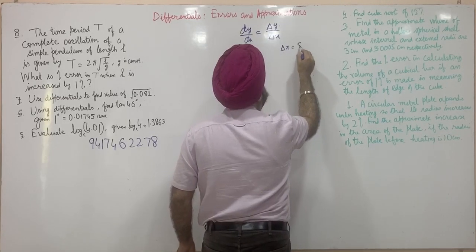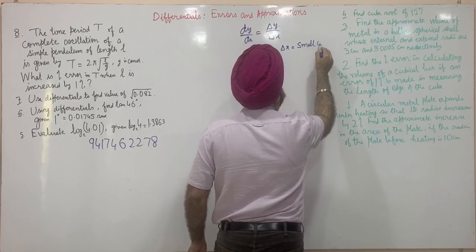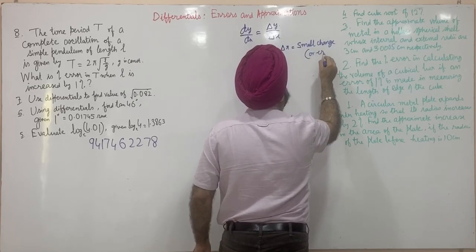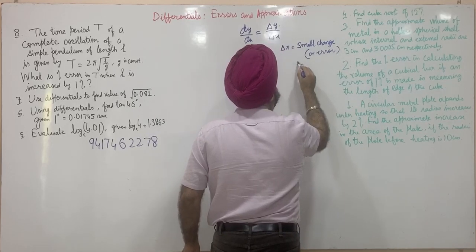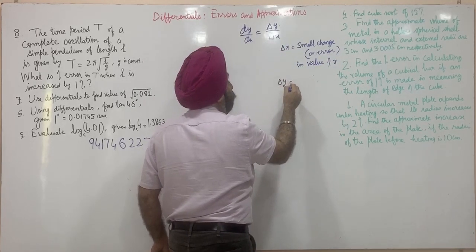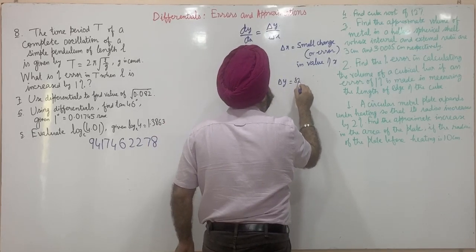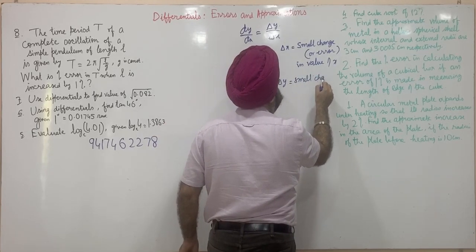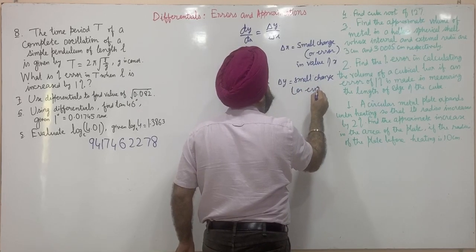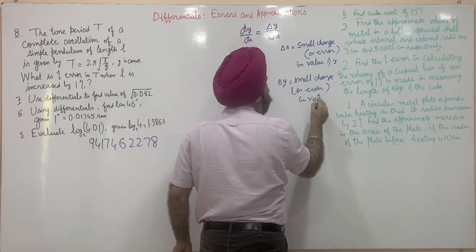Delta x is a small change or error in the value of x. Similarly, delta y is a small change or error in the value of y.